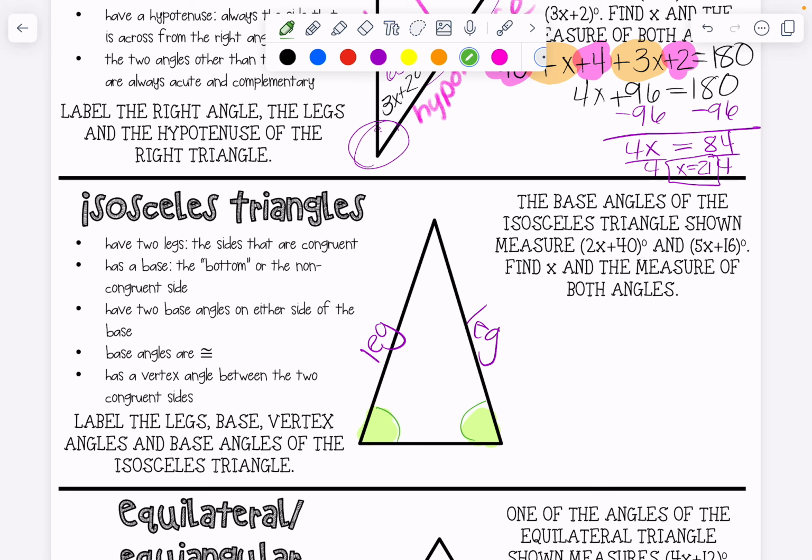And then there's a vertex angle between the two congruent sides. It says label the legs, base, vertex angles, and base angles of the isosceles triangle. And then it says the base angles of the isosceles triangle shown measure 2x plus 40 degrees and 5x plus 16 degrees. Find x and the measure of both angles.